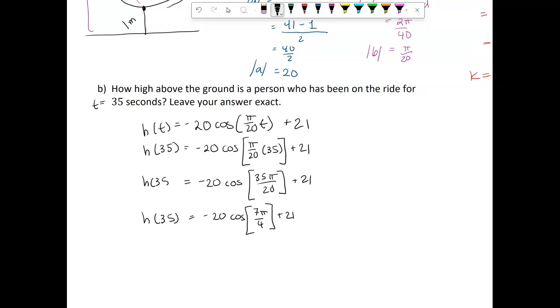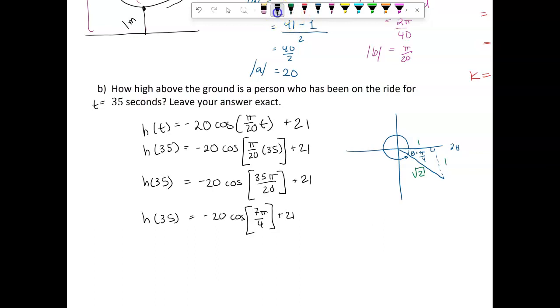If we remember, 7 pi over 4, we should draw ourselves a diagram on the Cartesian plane. 7 pi over 4 is almost 8 pi over 4, which would be 2 pi. So our terminal arm is going to end in the fourth quadrant here. It's going to make a triangle and have a related acute angle of pi over 4. And so the side lengths are 1, 1, root 2.